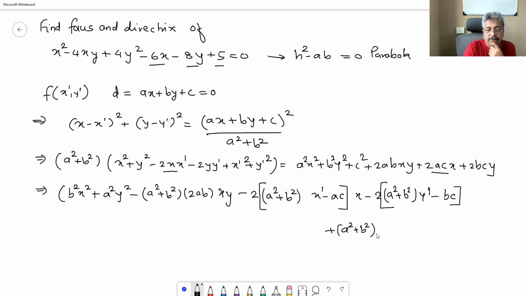A square plus b square into x dash square plus y dash square is one constant. Only one constant in the RHS, minus c square is equal to, this is your general equation of the parabola whose focus is at x dash y dash and whose directrix is ax plus by plus c is equal to 0. So now we will concentrate on the homogeneous part of this equation. Why is this bracket here?